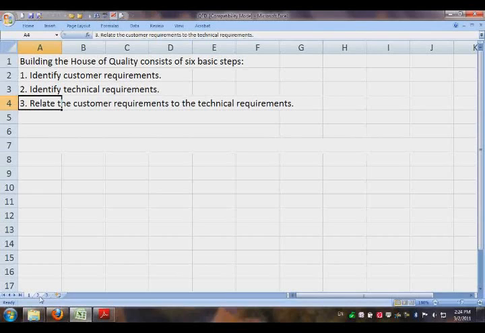And evaluate technical requirements and develop targets. Now let's go to the bottom of this QFD table, or house of quality, to do the competitor evaluation. First, we look at the price. Now we need the competitor product information table. I posted that here.